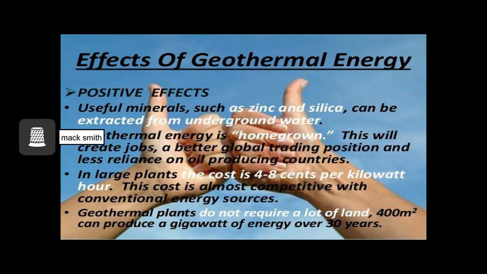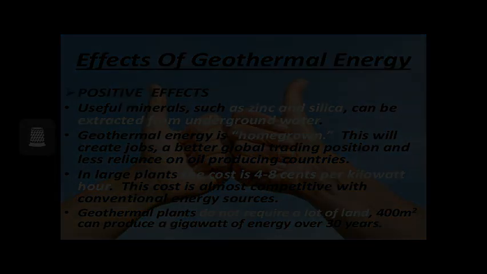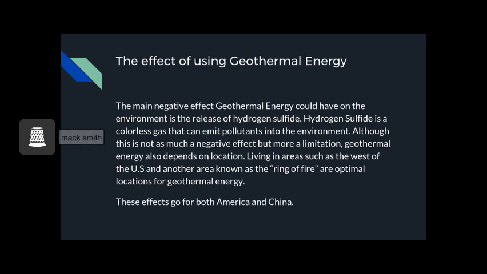There are many other positive effects of using geothermal energy. More effects of using geothermal energy.